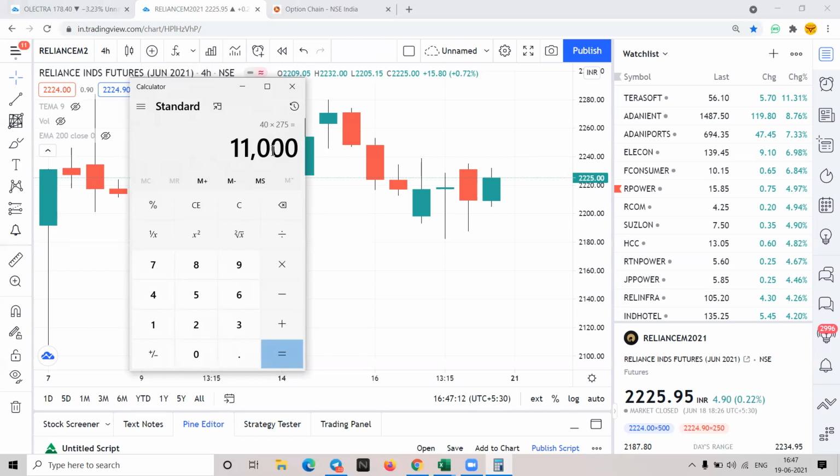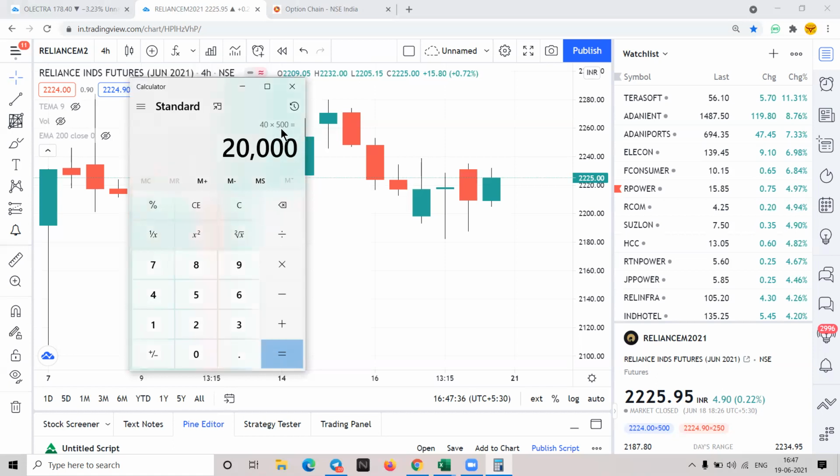If at all it goes down by, let's say, 500 points, how much loss will you get? That is possible, right? Reliance can go down by 500 points. Possible or not? Yes, sir. So you'll get a loss of 20,000 on an investment of 30,000.